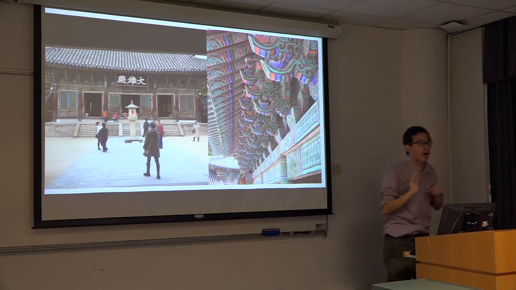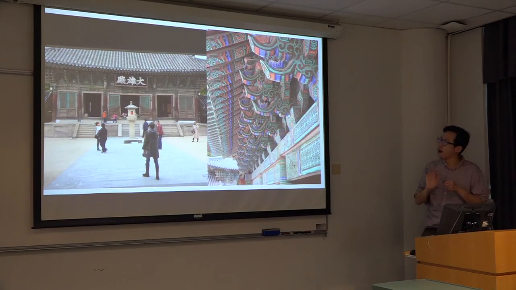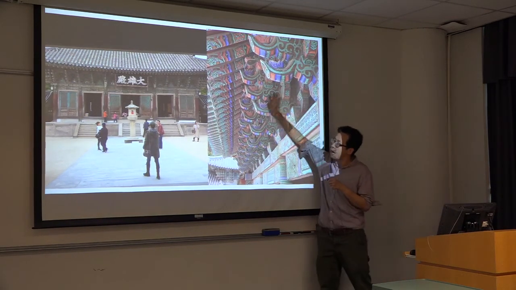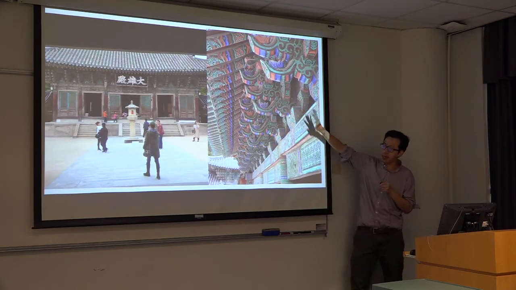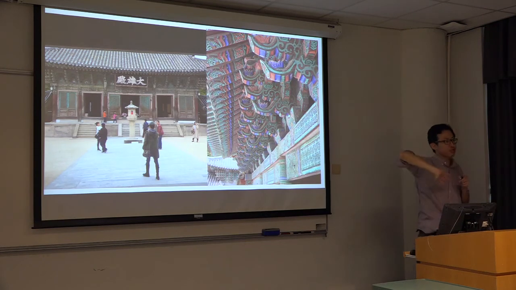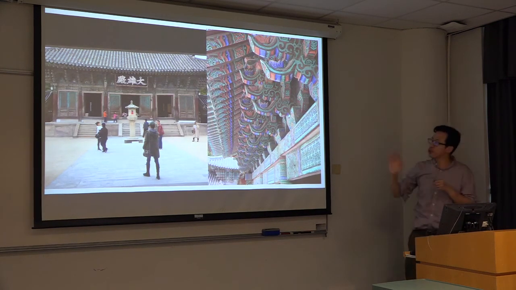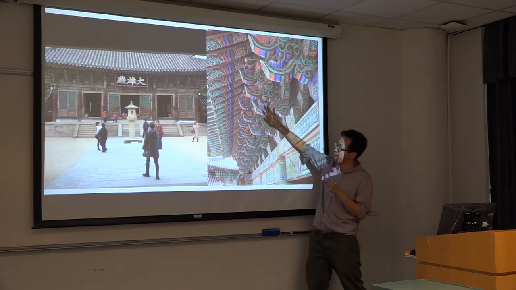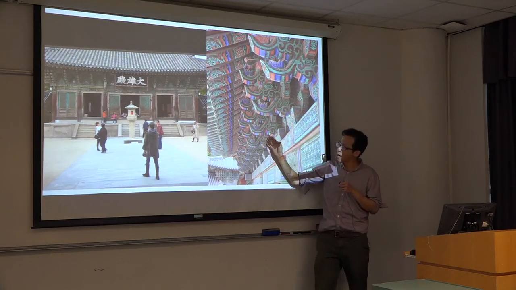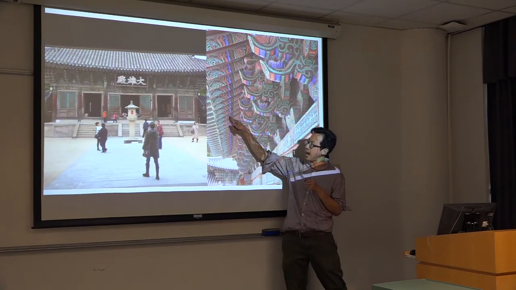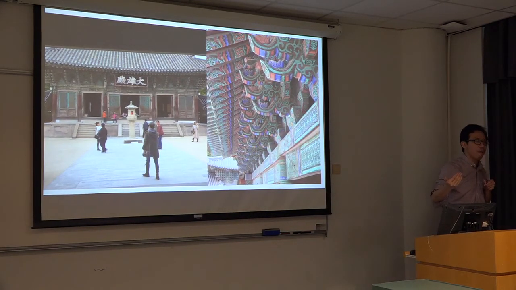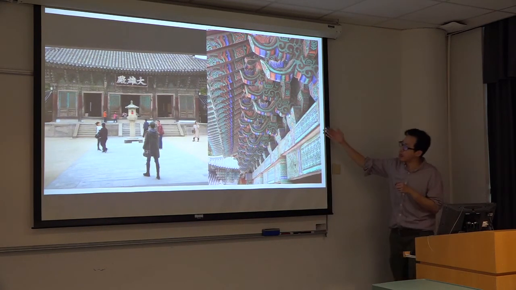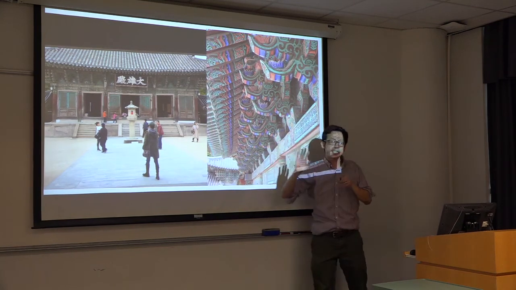They are original mineral pigments. During the conservation, the Cultural Heritage Department did not use modern industrial pigments. Instead, they used the original mineral pigments to maintain the green and the blue and the red colors.